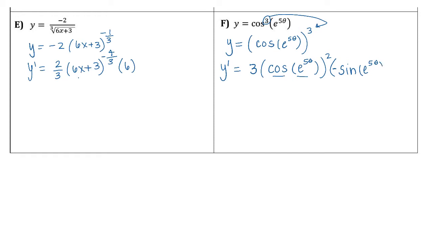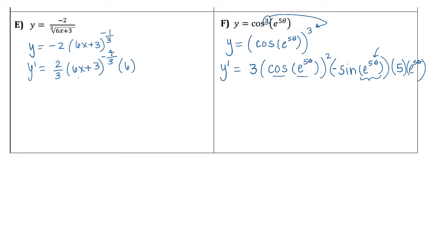And then we still have one more thing we have to take the derivative of, and that's going to be the derivative of e to the 5 theta, which is just like the previous problem, it's e to the stuff. So we need the derivative of the exponent first, which is going to be 5, and then we're going to have that times e to the 5 theta. All of that's going to be our derivative.